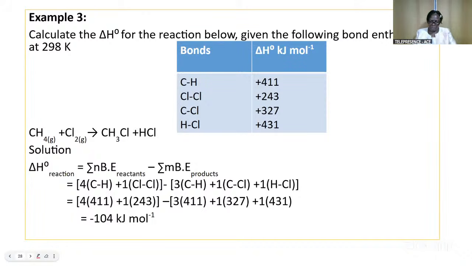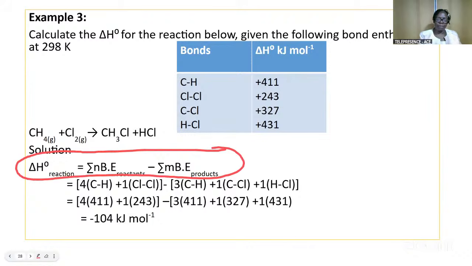Also, some of you asked me whether you reverse the bond energy values for reactants and products in all cases. Let me remind you, I gave you this equation at the beginning of this topic, bond energy and bond dissociation energy.